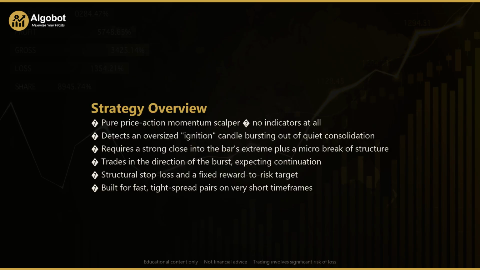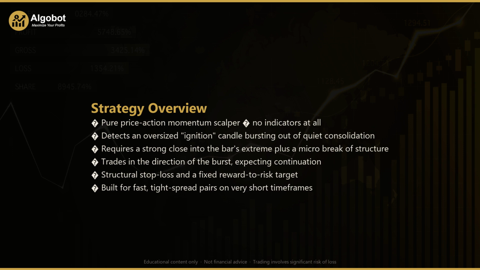So what does this expert advisor actually do? At its heart, the Momentum Ignition Scalper is looking for one very specific moment in the market. It watches for a stretch of quiet, evenly sized candles, a kind of compressed, sleepy consolidation, and then it waits for one bar to suddenly fire off with conviction. That single bar is what we call the ignition candle.